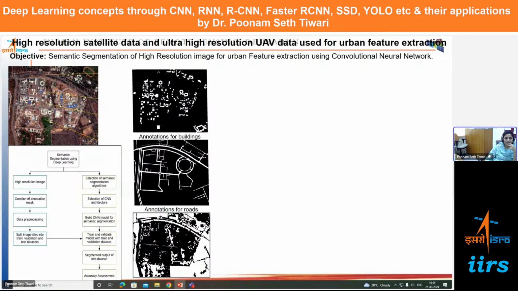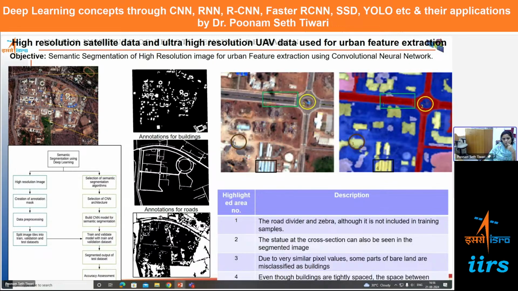Then this is urban feature extraction. Various types of urban features such as buildings, roads, and open green spaces are being segmented from the image. I am showing you a few snapshots. Here you can see we have not trained our network for the dividers, where some plants have been planted.